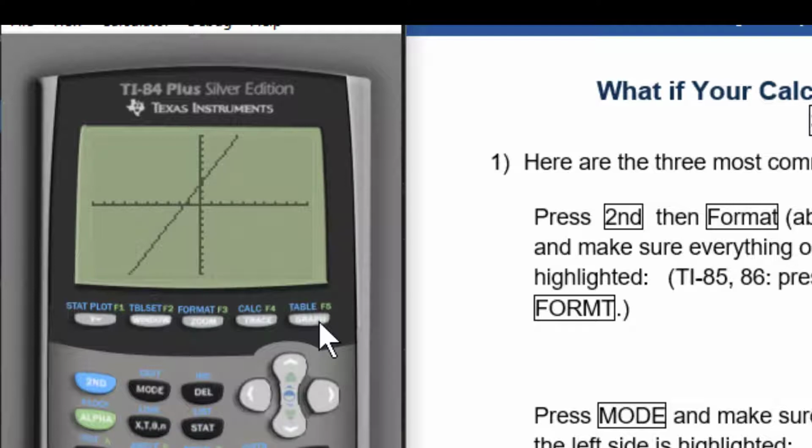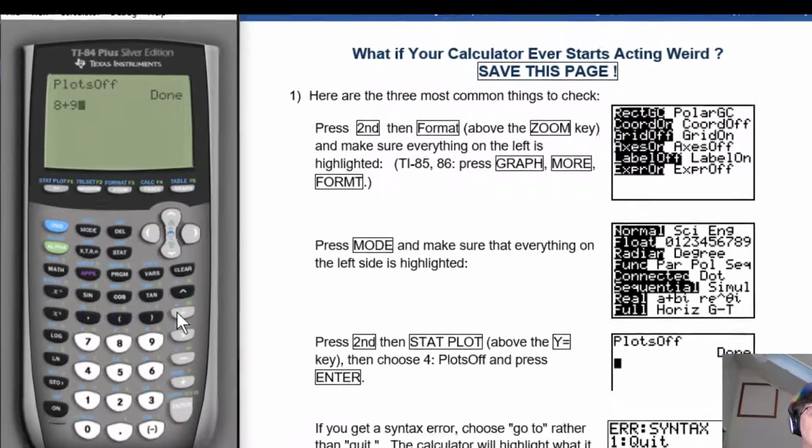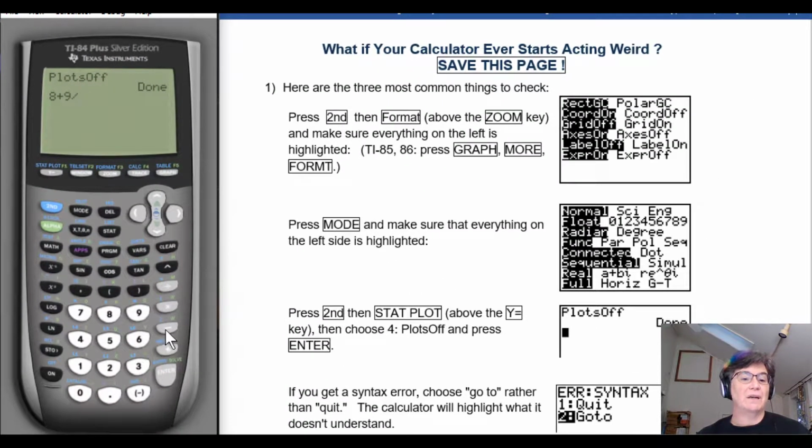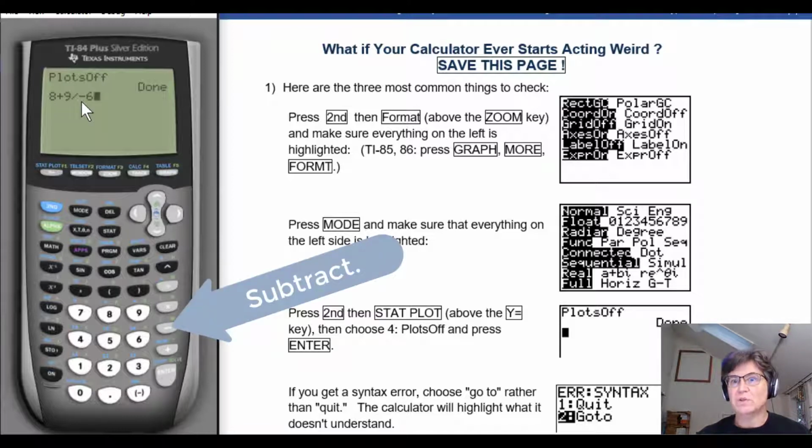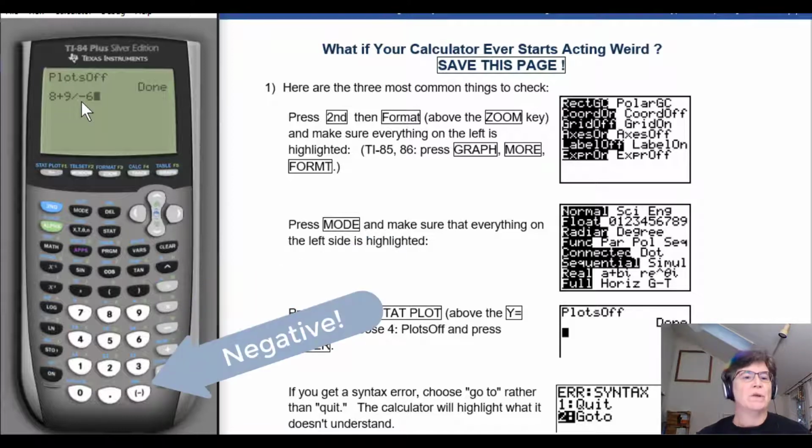There we go. Now this will come up on the home arithmetic screen as well. Let's say I did something like 8 plus 9 divided by subtract 6. This is really a classic mistake. I used a subtract key when I should have used a negative sign.